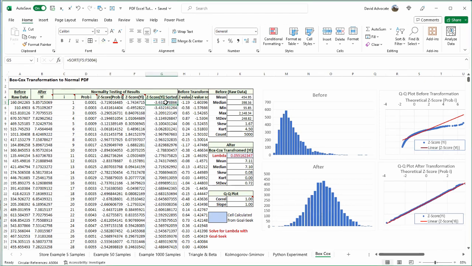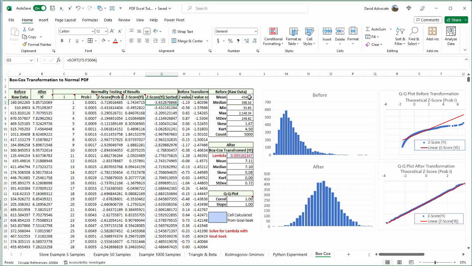And in this column here we just sort our z-scores, and over in these two columns I've done the z-scores for our raw data. Let's take a look at the statistics of our data before and after.